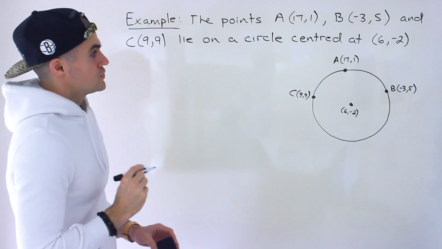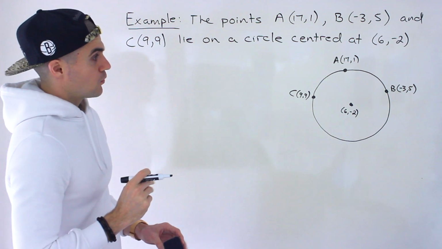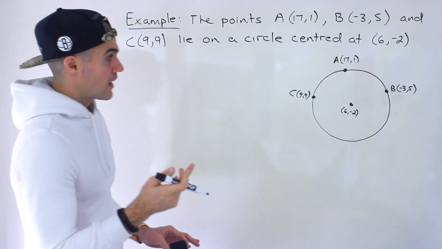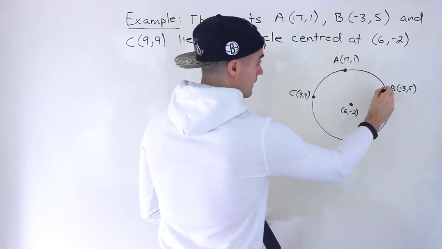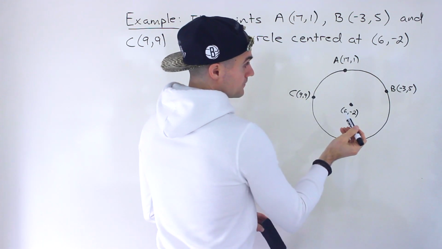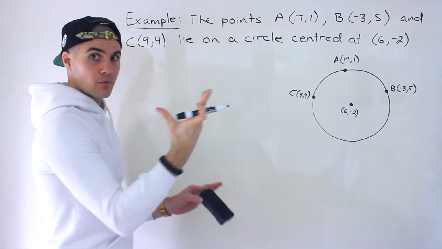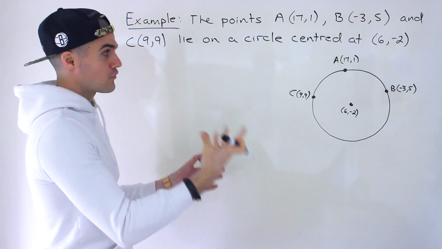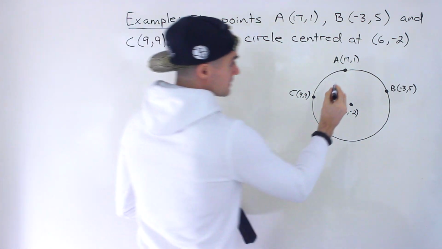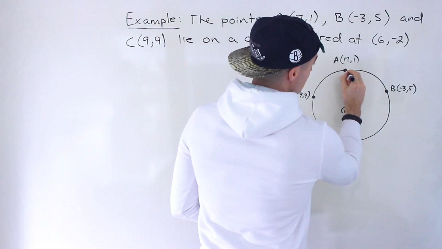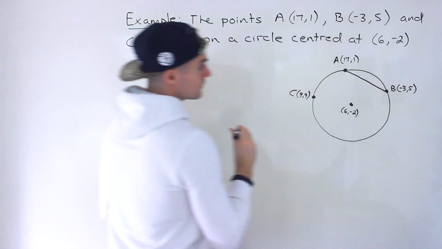So what we're going to do is find the right bisectors of the chords AB, then BC, and then AC. We're going to find those 3 right bisectors, then we have to confirm or verify that those 3 right bisectors are going through the center. So let's first find the right bisector of this chord, AB, right here.